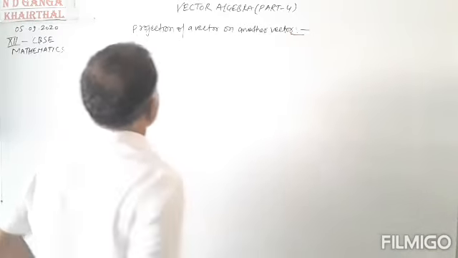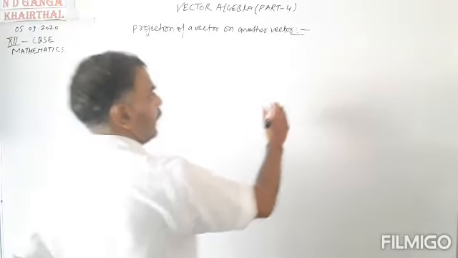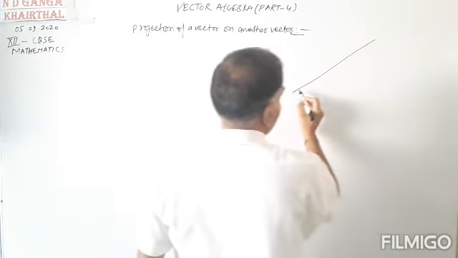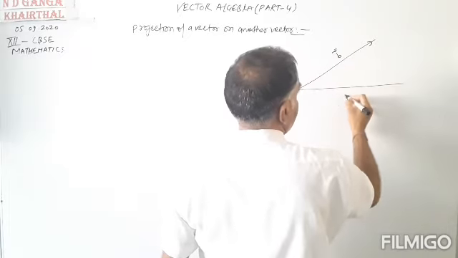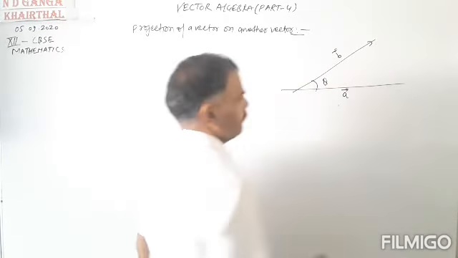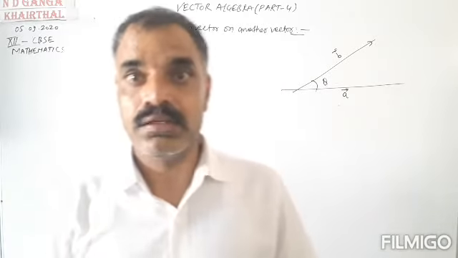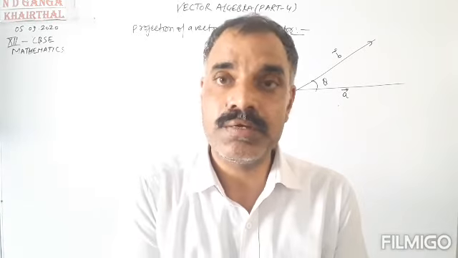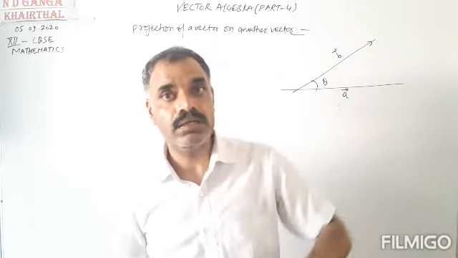Let this be b vector and this be a vector, and the angle between them is theta. Now we are finding the projection of b vector on a vector.